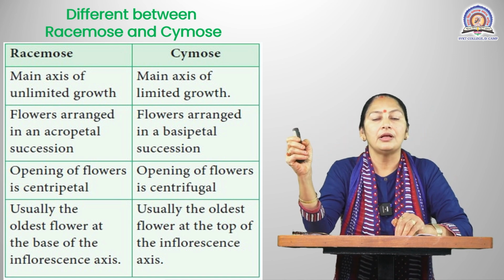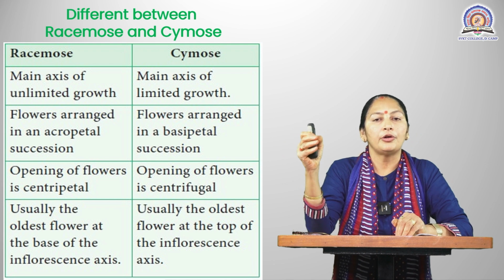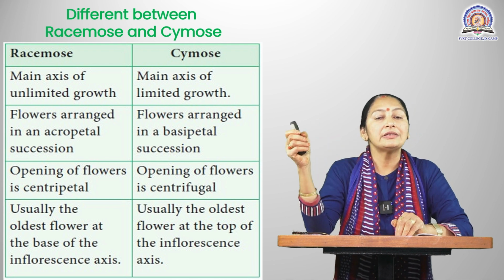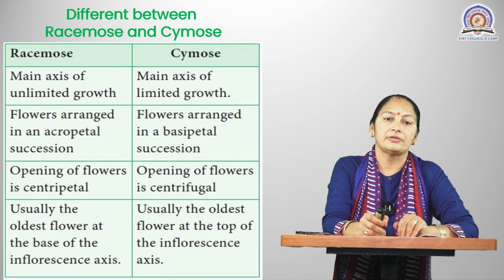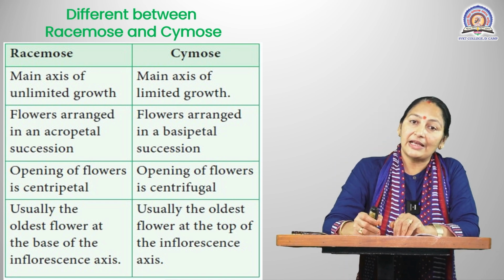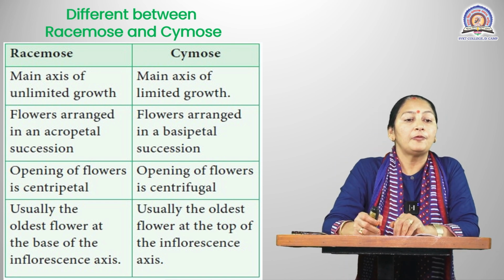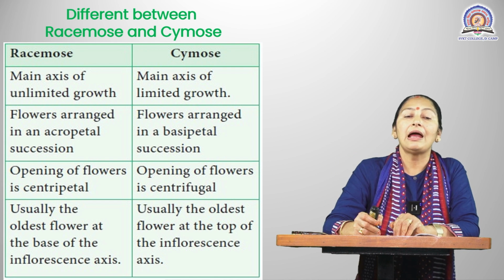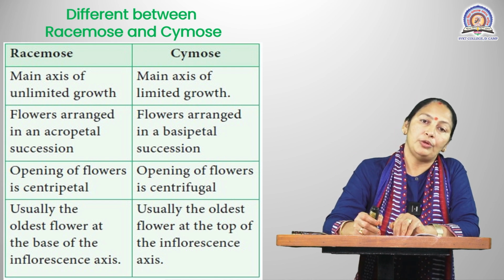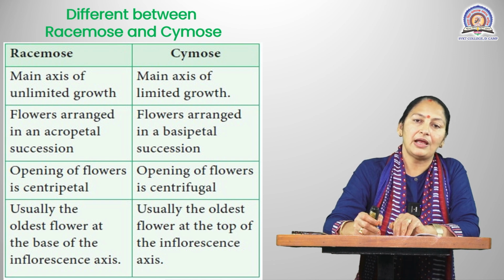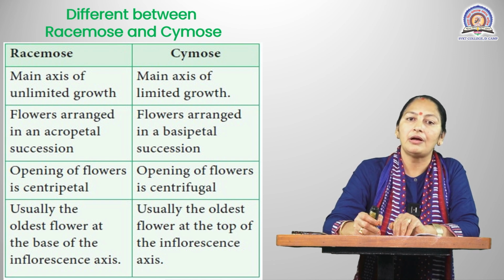That's why this is the cymose type of inflorescence, where limited growth is seen. Okay, then the second difference is the arrangement of flowers in succession: the older flowers are arranged at the base and the younger buds or flowers are arranged on the apical side.